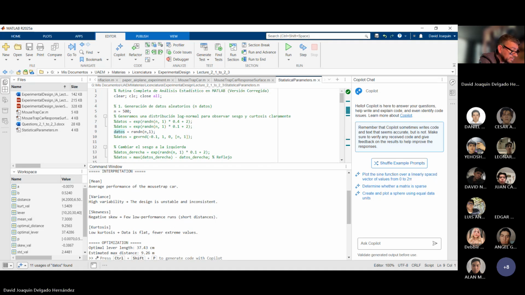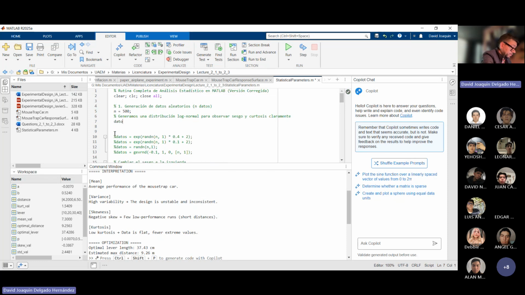So let me put it in these terms. Here I will call this variable datos, and imagine that I have, for instance, the first car has 4.2, the second 6.4, the third 3.9, then 7.7, and so on.